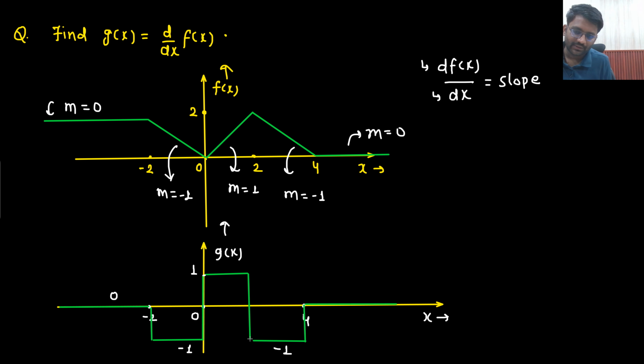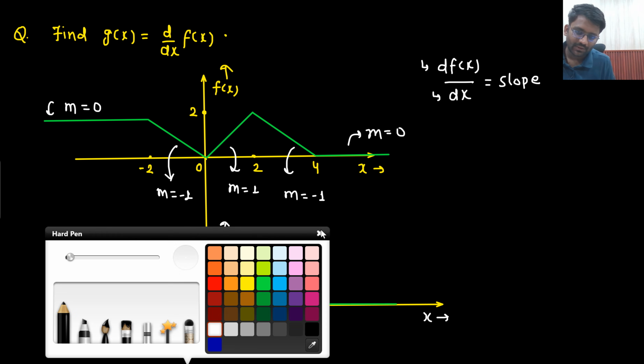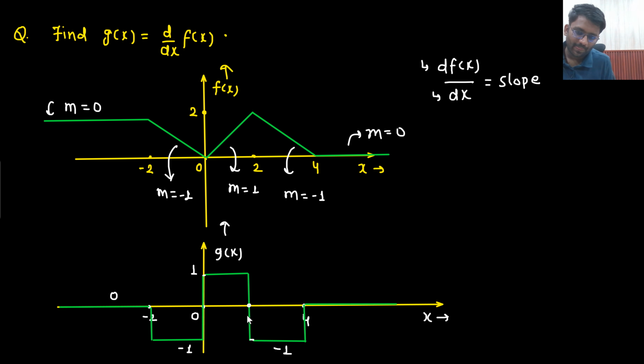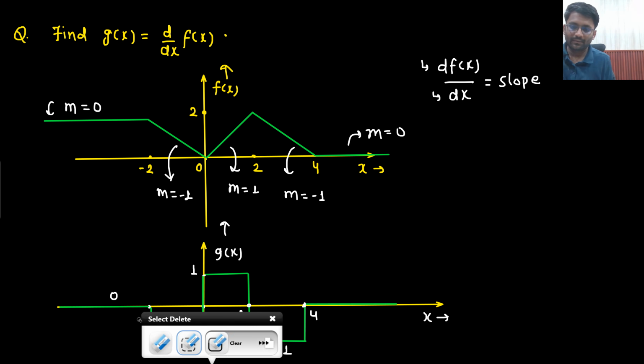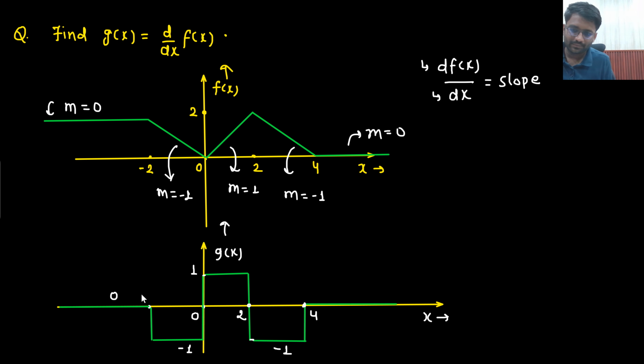So the value here is 0, then minus 1, then plus 1, then minus 1, and then again the value is 0. So this is how the graph of differentiation will look.